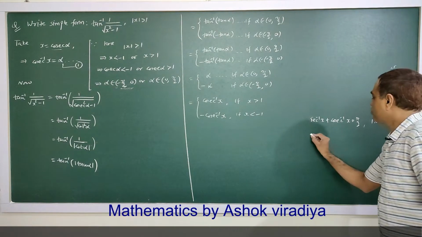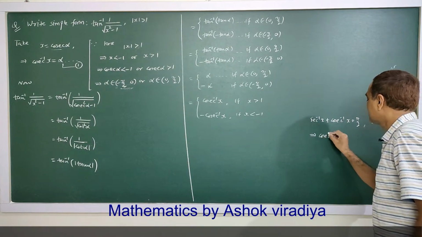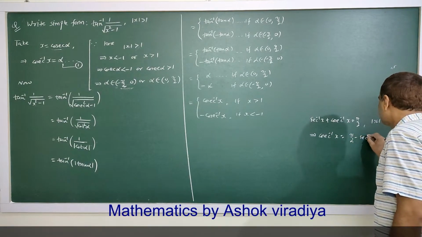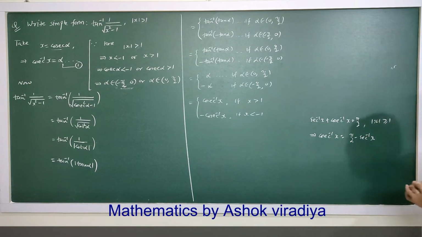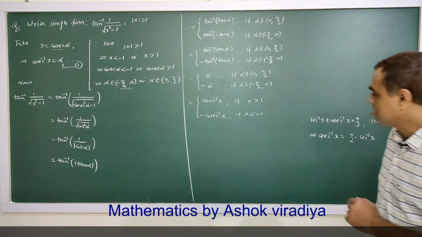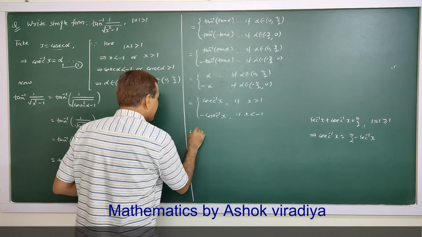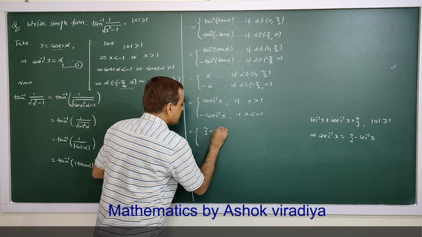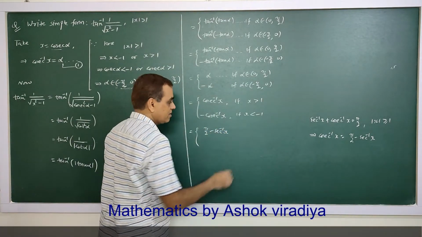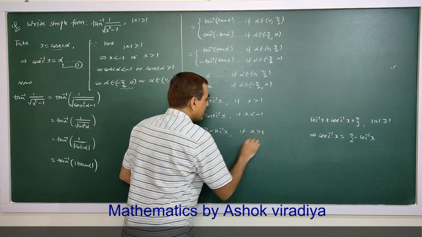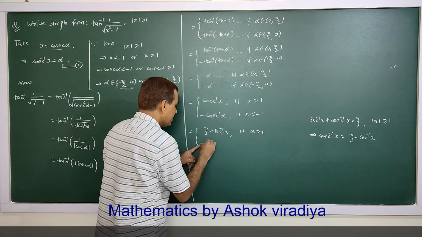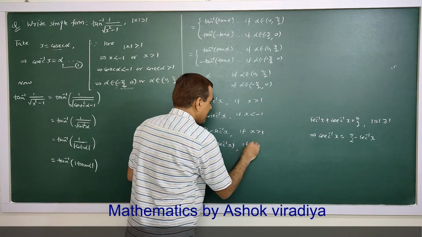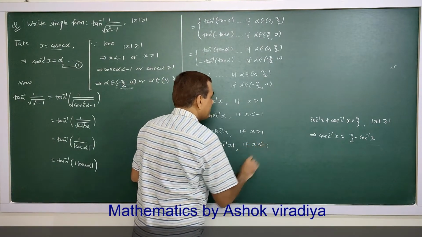So cosec inverse x can be replaced by pi by 2 minus sec inverse x. So here cosec inverse x I replace by pi by 2 minus sec inverse x if x is more than 1. Similarly here pi by 2 minus sec inverse x if x is less than minus 1.